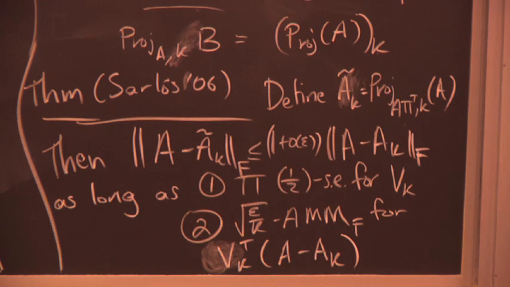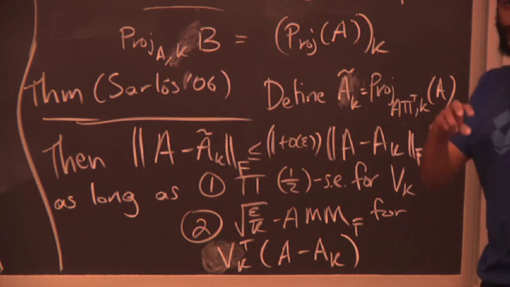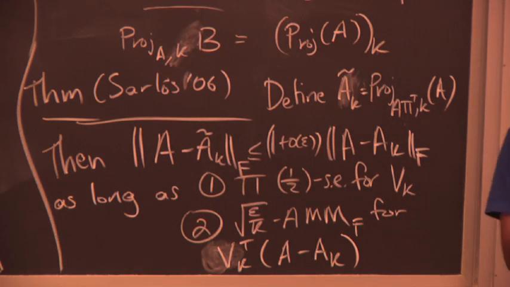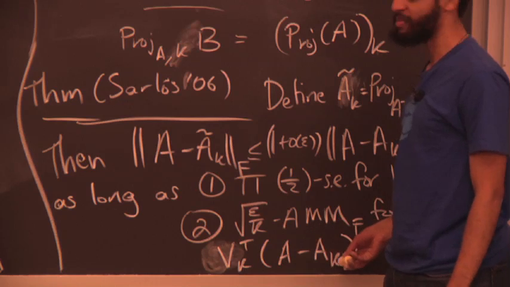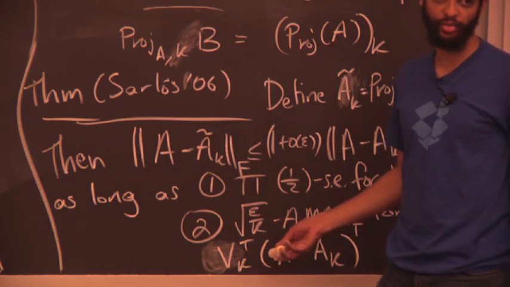So remember, when I say that we have approximate matrix multiplication for A transpose B, what I mean is pi A transpose pi B is close to A transpose B. So what I'm saying is pi V_k transpose pi times this matrix should be close to what the actual product is.